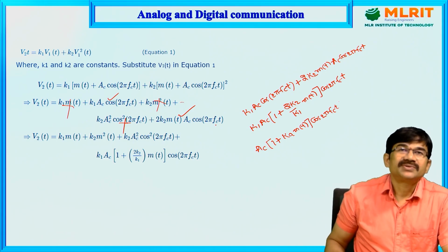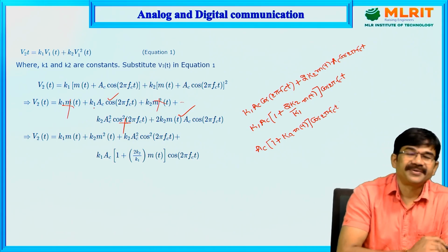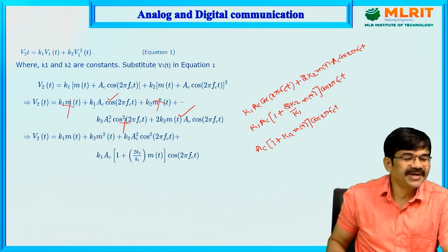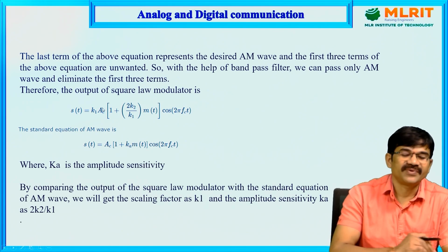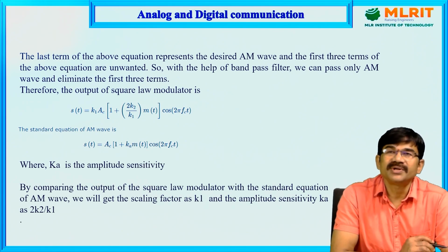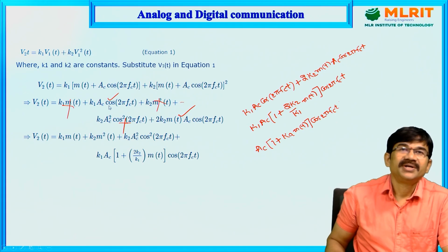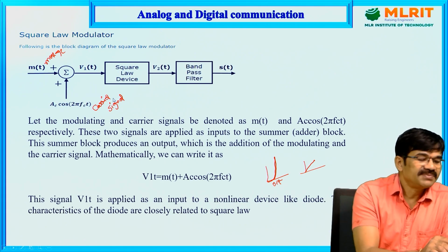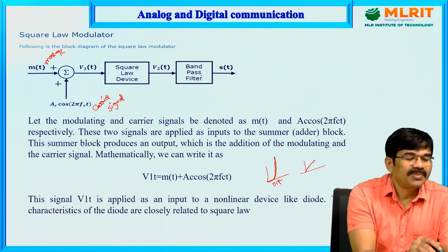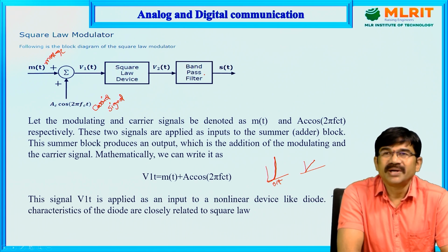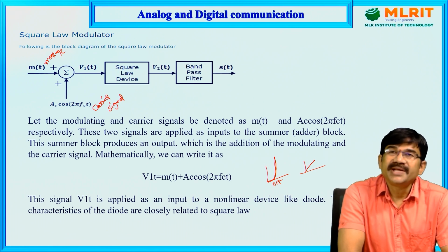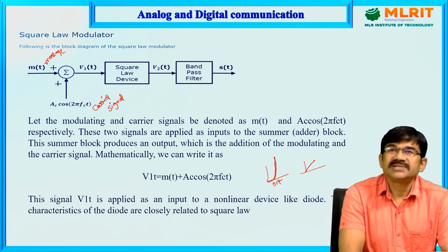Okay. So these unwanted terms, how can we eliminate? These terms can be eliminated by using the band pass filter, which is connected to the output of the square law modulator. So here the output of the square law modulator is applied to the band pass filter. So what is the band pass filter doing? It will allow only a band of frequencies from F1 to F2, and remaining frequencies it will not allow.